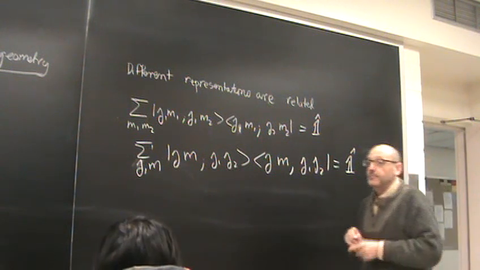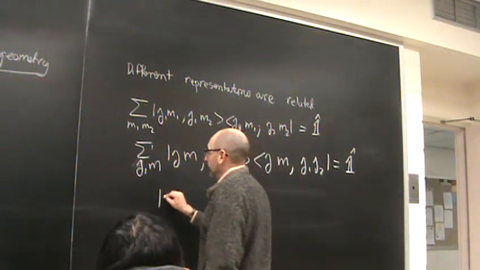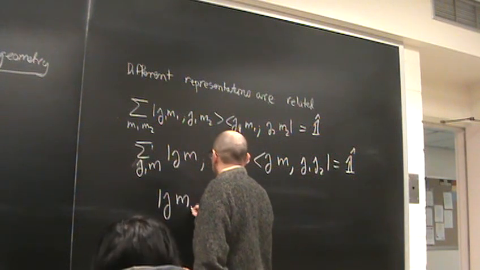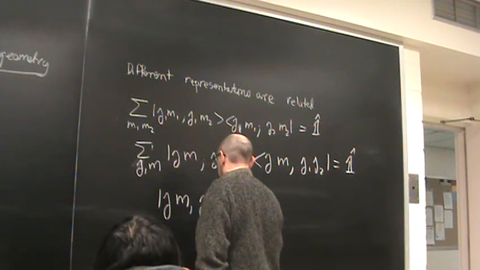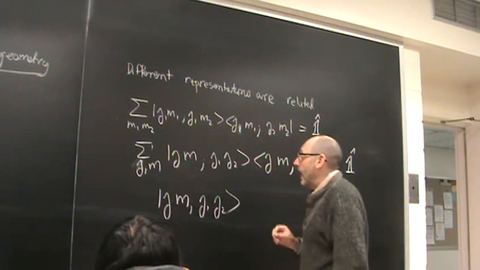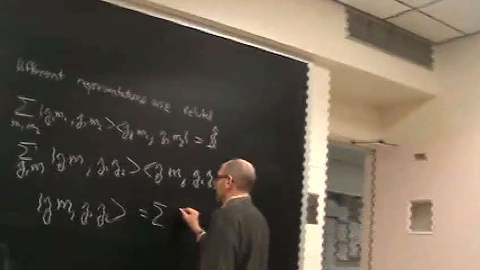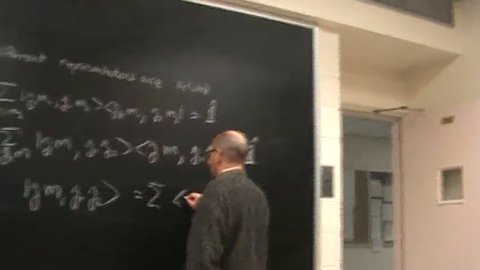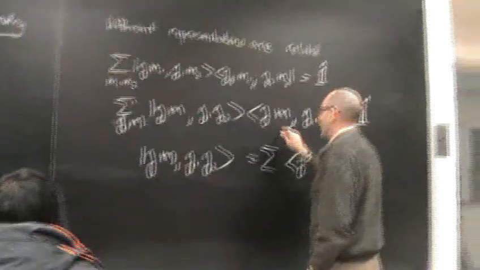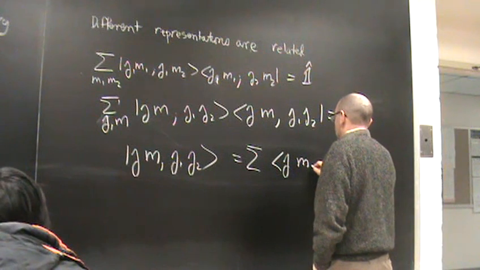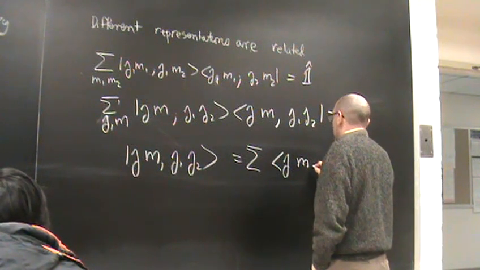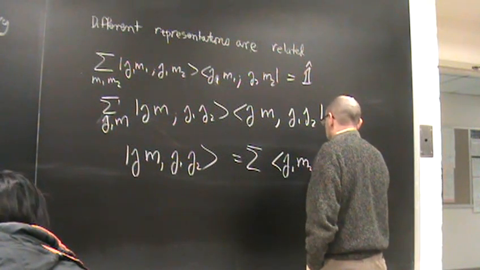So, for example, we can express some element of the coupled representation as a superposition, just inserting our resolution of the identity.